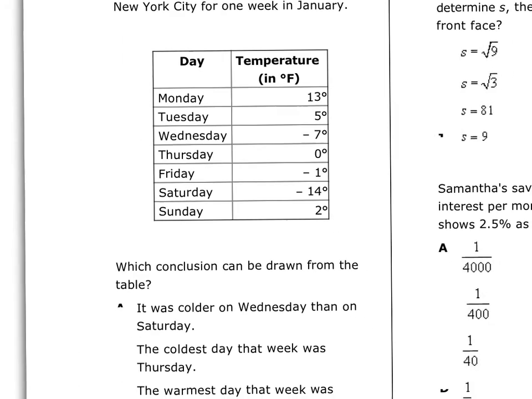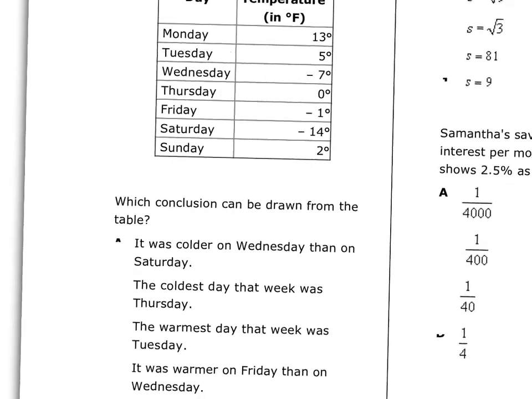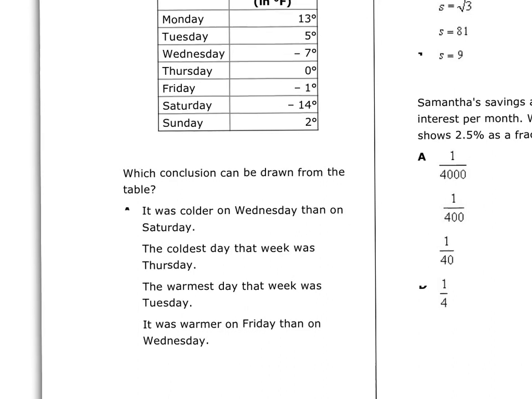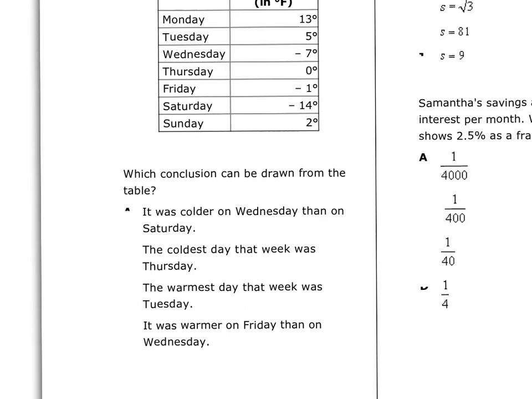Which conclusion can be drawn from the table? It was colder on Wednesday than Saturday. Well, Wednesday was -7, Saturday was -14. Which was colder? Saturday was colder, not Wednesday. The coldest day of that week was Thursday. What was the coldest day overall?